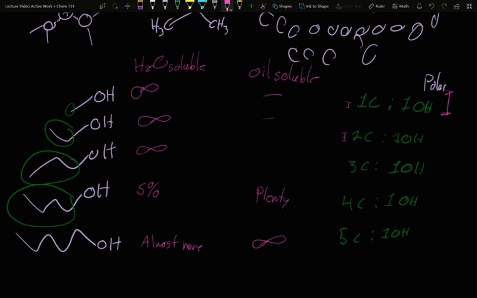But as I build up more carbons, proportionately, I'm getting more nonpolar attractions. And so as time keeps going, while my OH is the same, my nonpolar from carbon keeps getting bigger and bigger, and eventually that nonpolar from carbon starts to get bigger than my OH. It's a balancing game. What you are soluble in is based upon the balance of your polar and your nonpolar.